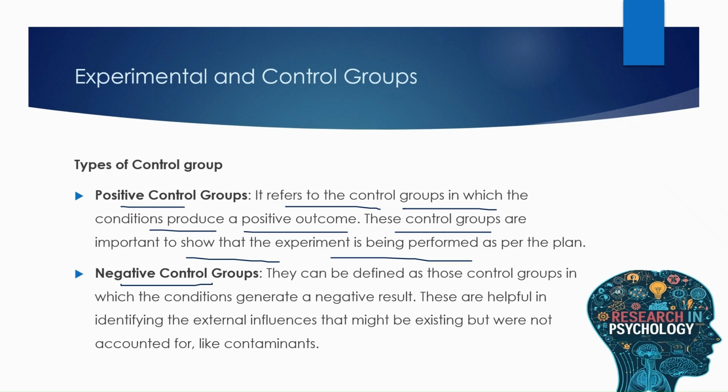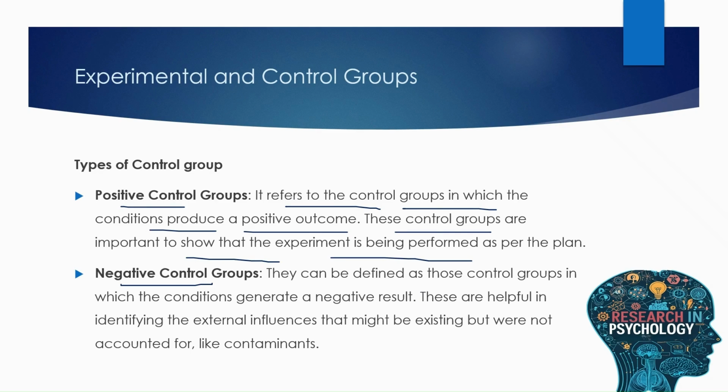So a positive control group would receive the cream known to be effective against the pimple, allowing researchers to confirm that the experimental setup can detect a positive effect, right? Another example would be in a chemical test, where a positive control would be a substance known to produce a positive reaction with the reagents that are being used.